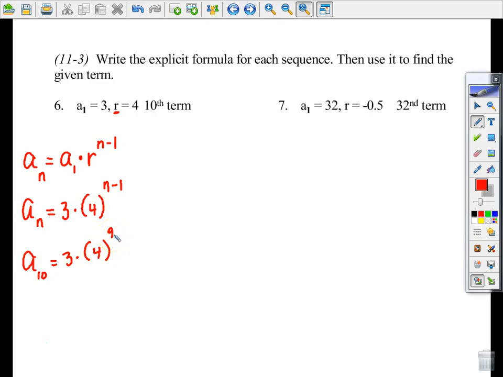Make sure if you do this in your calculator, your calculator will do it for you, but if you're going to try to break this apart into two parts, make sure you follow the order of operations. So we're going to do 3 times 4 raised to the 9th power, and we get 786,432.